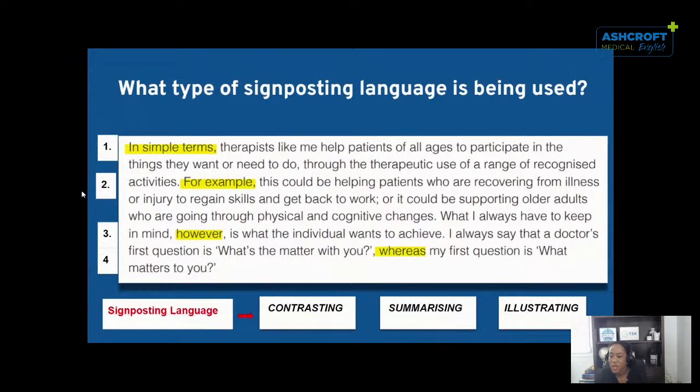Equally for number 2, what's this being used for? To contrast, summarize, or illustrate. And the final 2 here, 3 and 4. What's the function of the signposting language here? Now, please remember, guys, that for one of these options, you will need to use it twice. I'll give you a moment.